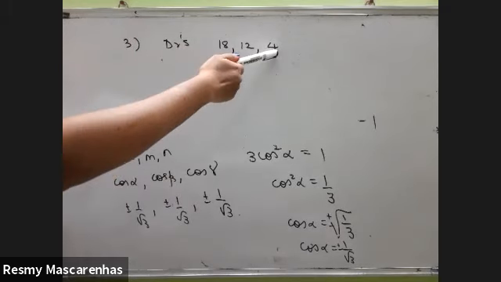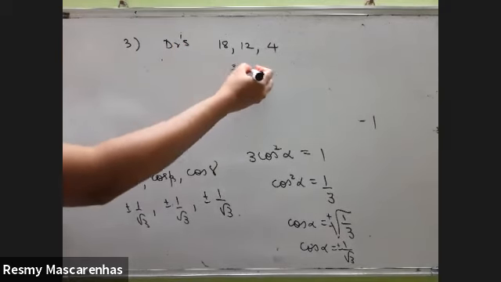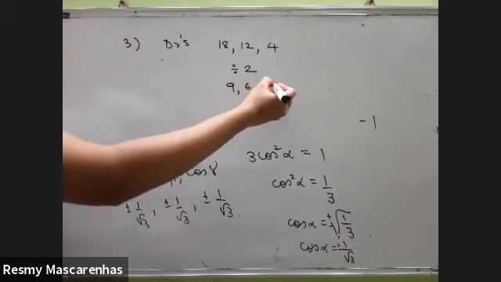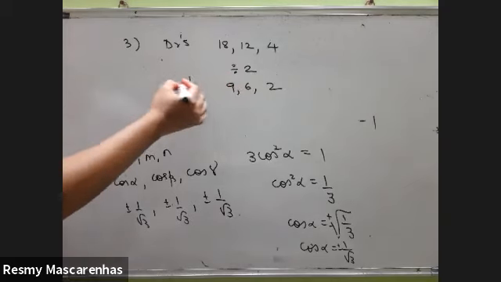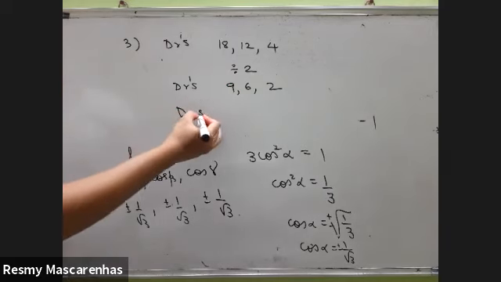This is anyway not going in the 4 table because it's 18, so you can divide by 2 and make it the simplest form: 9, 6 and 2. This is also correct. So first simplify it, and now you can convert it into cosines.